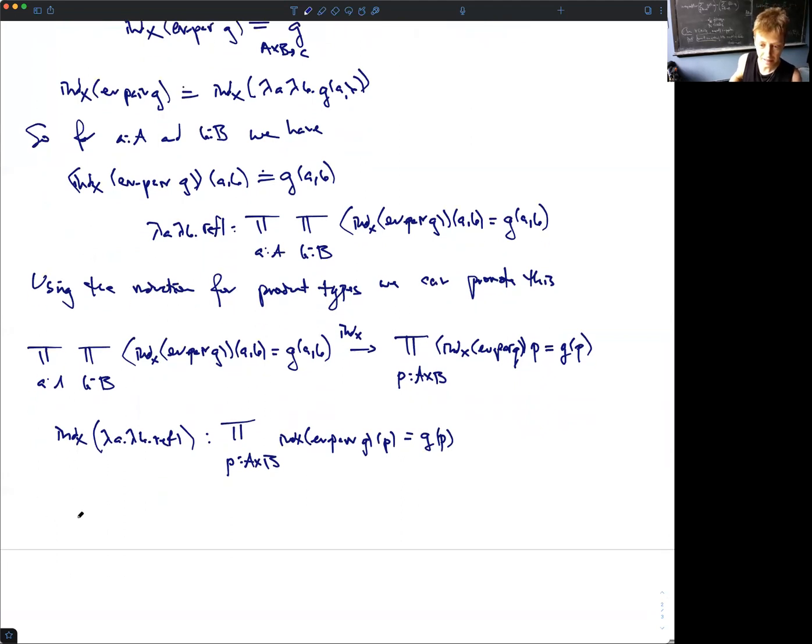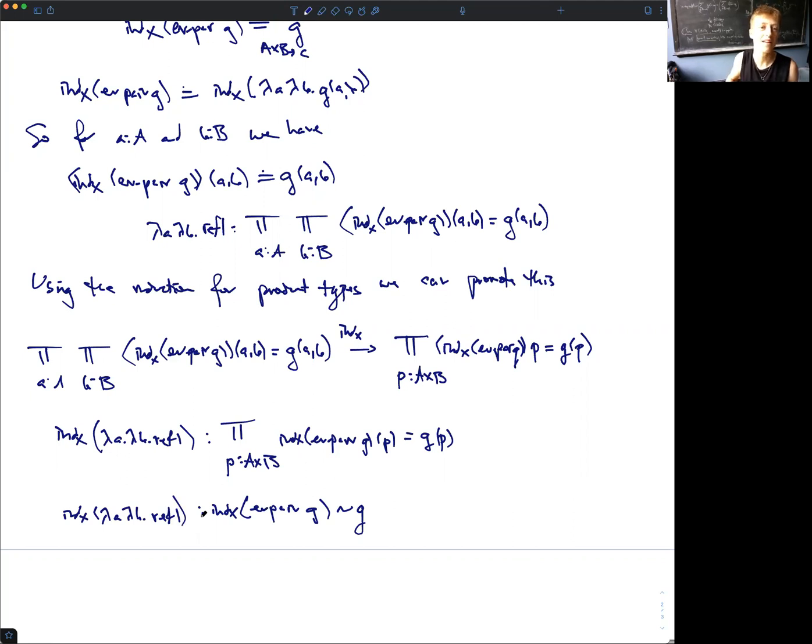This type here is the type of homotopies from the induction of ev pair G to G. G again was a function from A times B to C. So what I've constructed here is a homotopy.